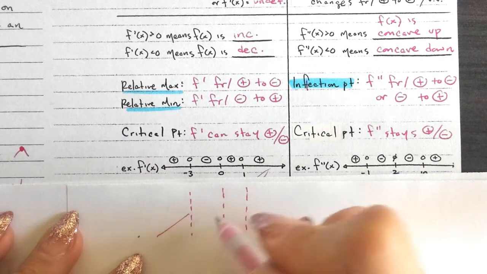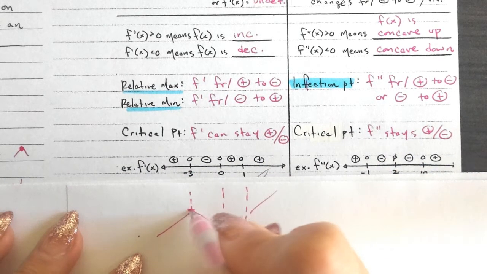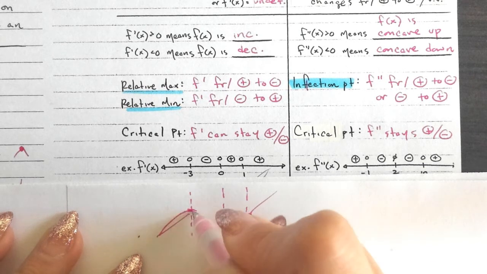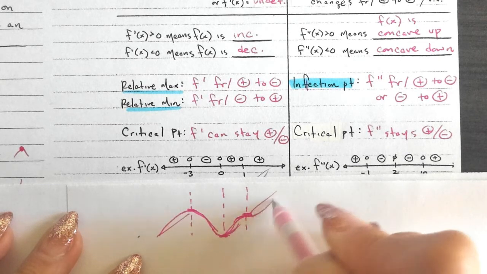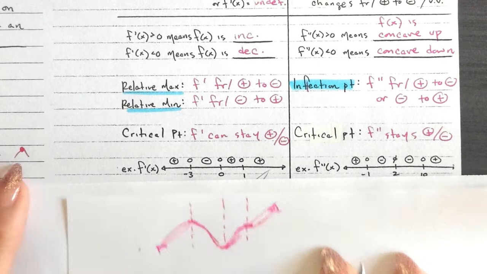So positive, negative, positive, positive. And then these are 0 slopes. And then I would smooth it out. So maybe it looks something like that. And that's what I drew here.